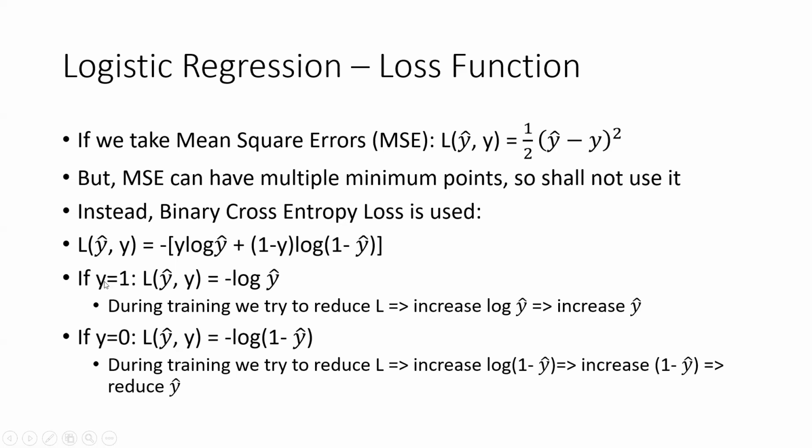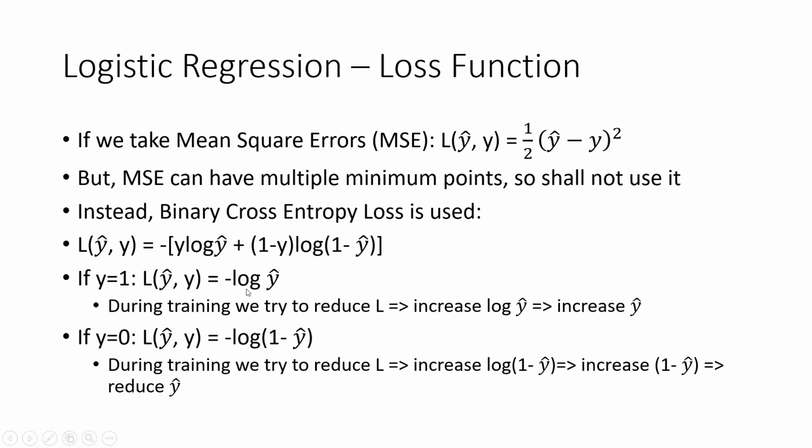So if you take y equals 1, when you try to reduce L, because during the training process, what we are trying to do is reduce the loss, right? So you are going to reduce the loss value. When you're reducing the loss value, you have to reduce this value.